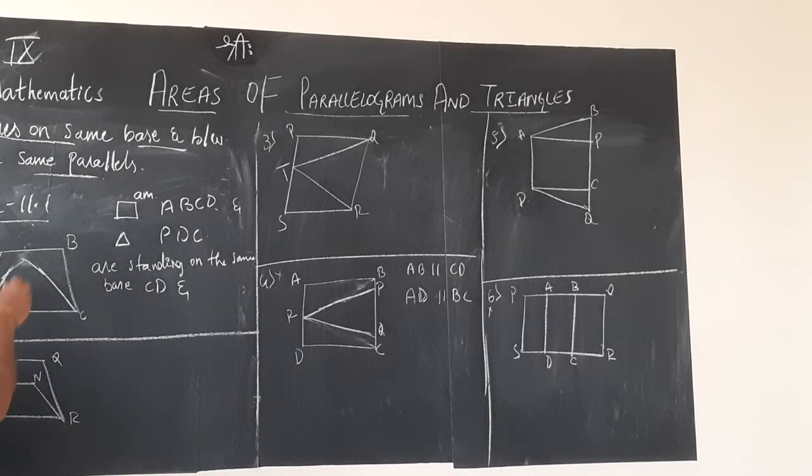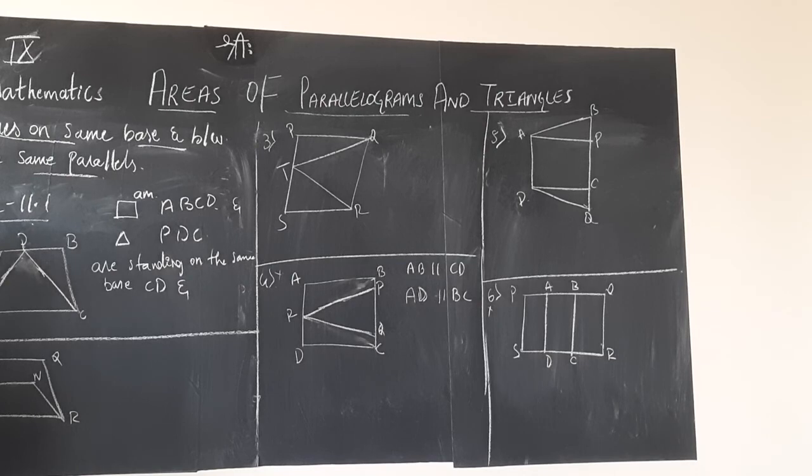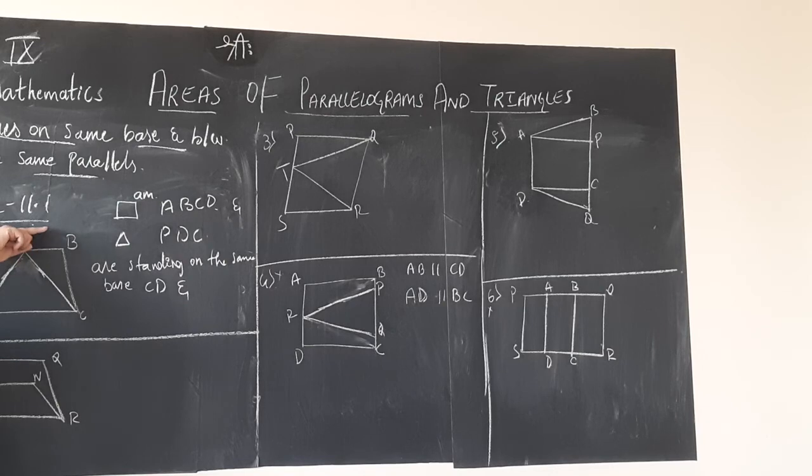But in this figure, the triangle vertex is touching the topmost line of the parallelogram at the point P. So we can say that triangle PDC and parallelogram ABCD are standing on the same base CD as well as between the same parallels. Which are those 2 parallel lines? The opposite sides of the parallelogram, AB and CD.